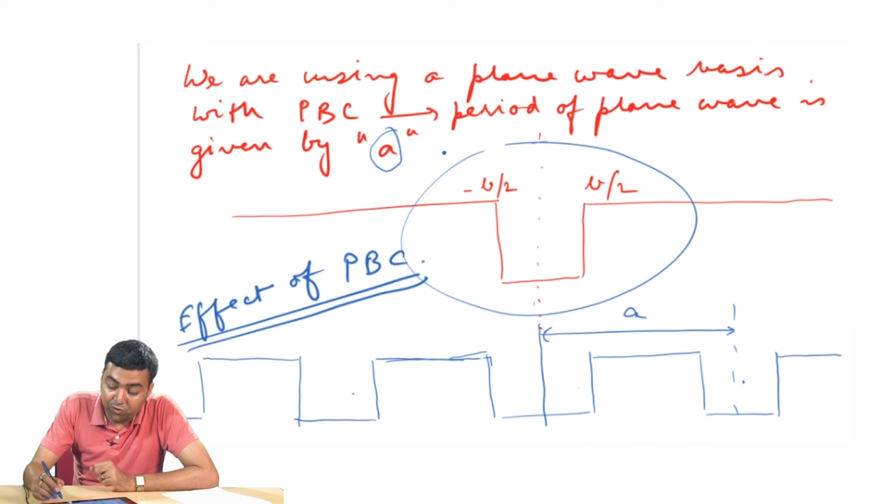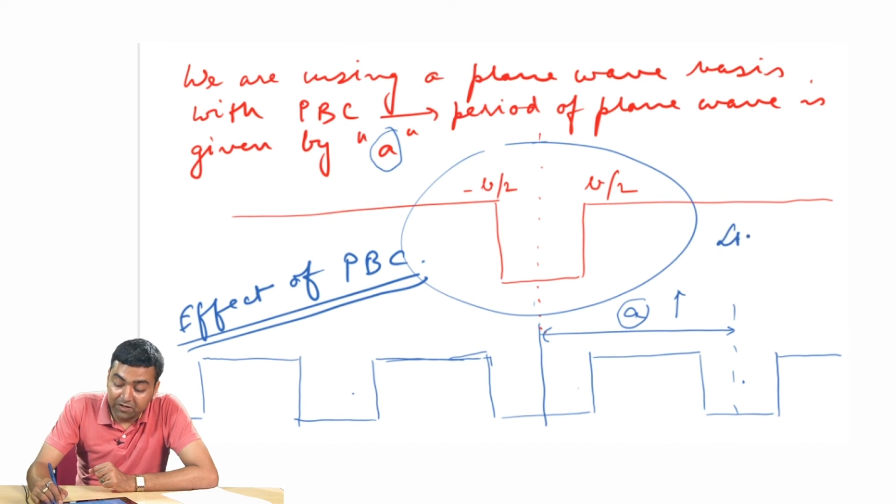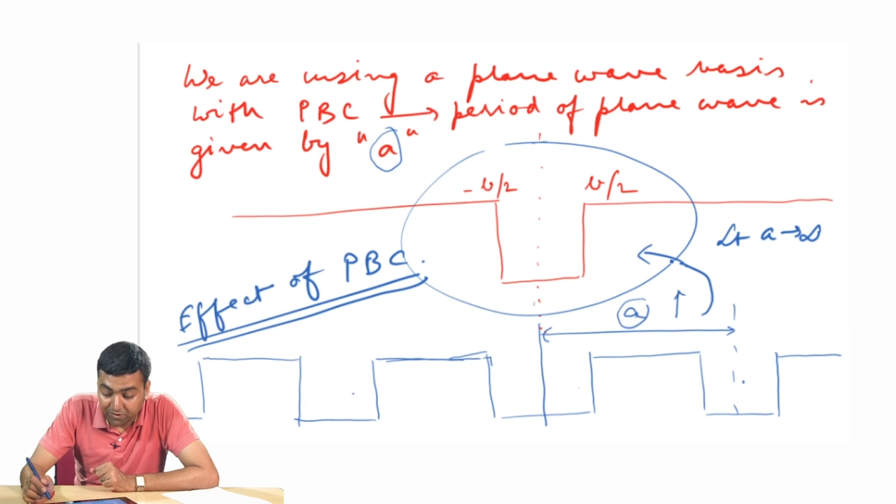What we should do is start with a value of A and then gradually increase A, and only in the limit A tends to infinity will this go to my actual solution.